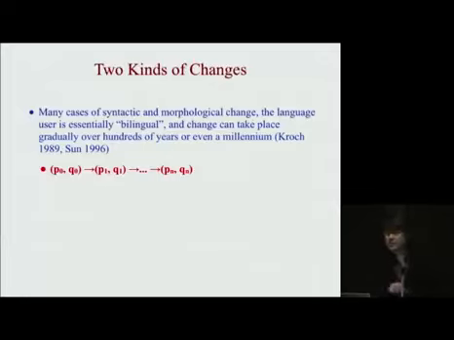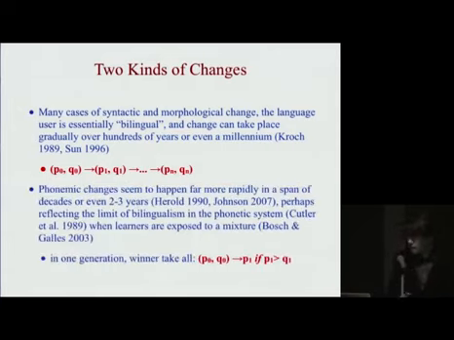That distribution changes over time, and in many cases the change can drag out for hundreds or possibly even 1,000 years, as apparently in the case of word order change in classical Chinese.